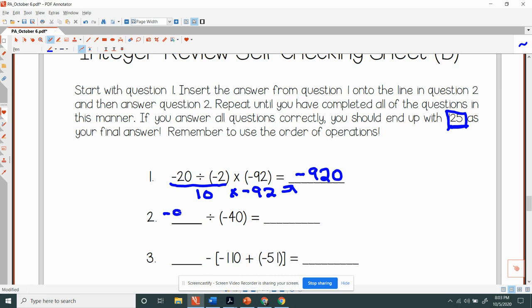So we put that here. Negative 920 divided by negative 40. A negative divided by negative is going to be positive. Maybe you need a calculator a little bit to help you with this one, but 920 divided by 40 is 23. Now we'll put the 23 down here.